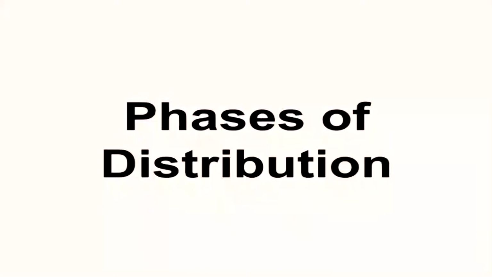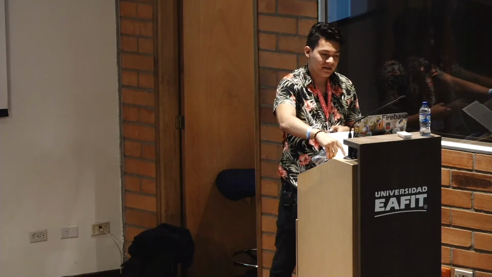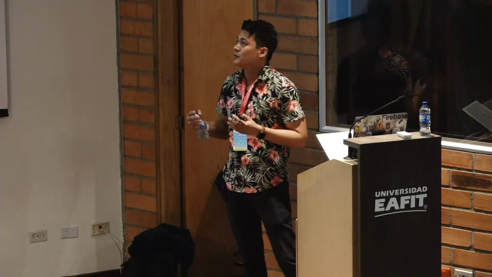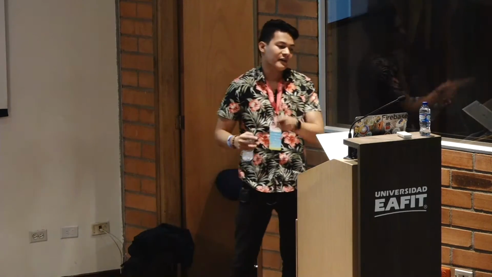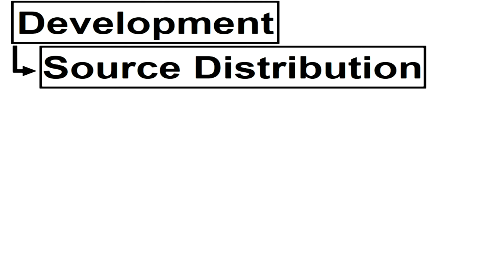There are a few phases over the distribution lifetime of a Python package. The first phase is development, which, as the word says, is usually launching code on your computer, saying a few words, probably praying to the gods or something. After that, you create a source distribution, usually known as sdist.